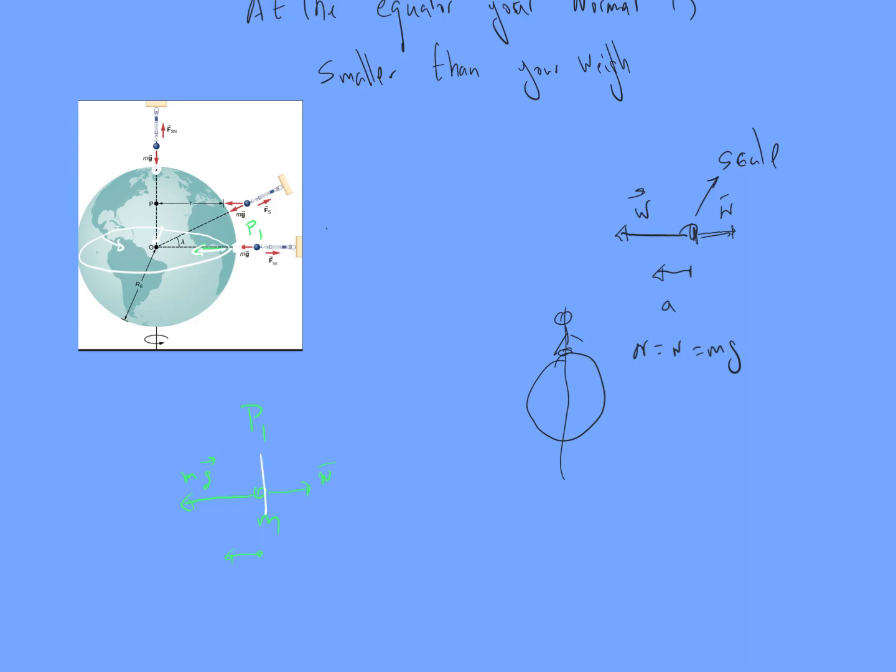So you need to have more weight to the left than normal to the right to produce acceleration to the right. If you take the positive direction going to this direction, you apply Newton's law: the sum of all the forces equals the mass times the acceleration.